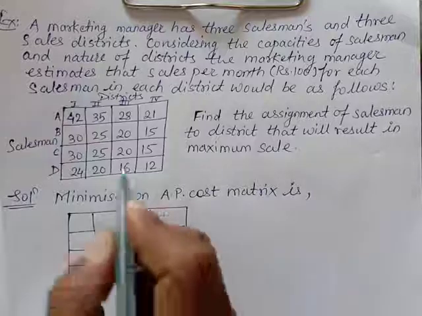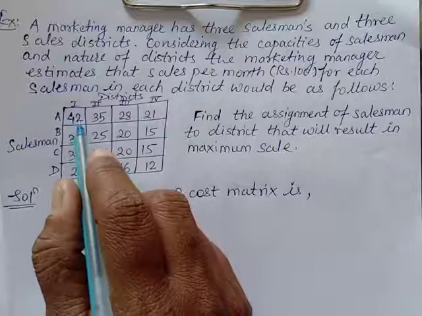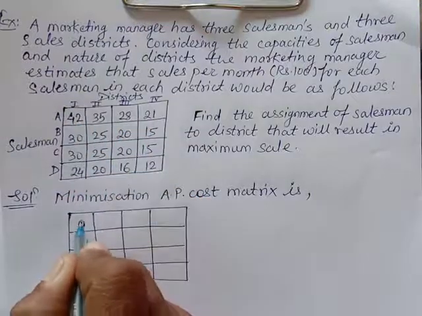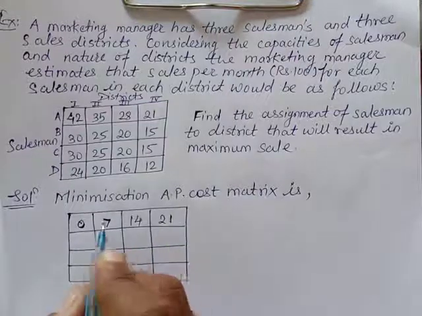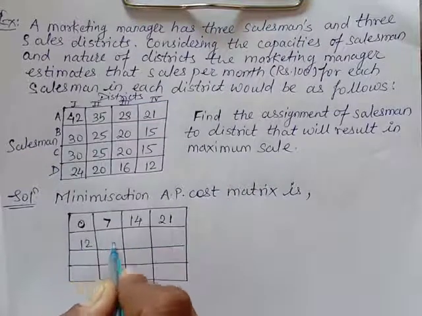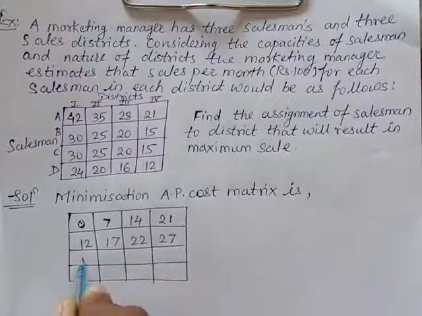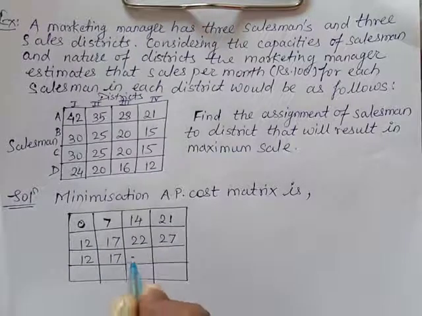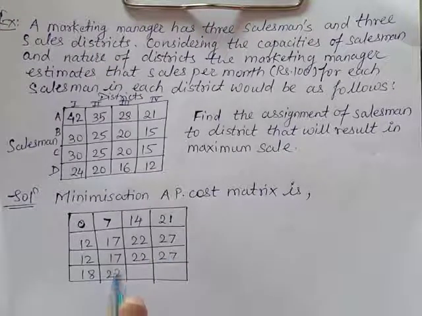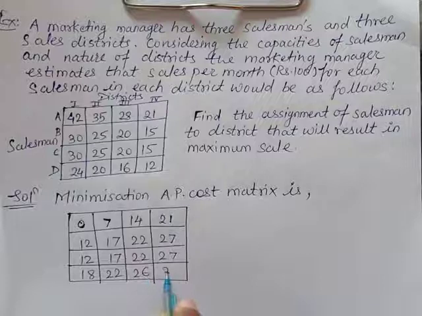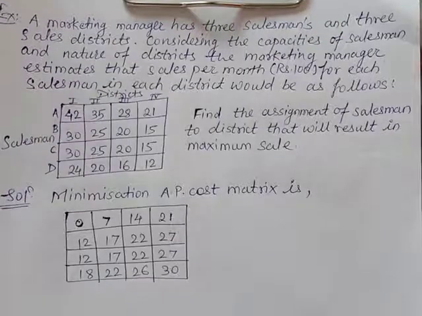The highest cost here is 42, so we will subtract each element from 42. So here it is 0, 7, 14, 21. Here we get 12, 17, 22, 27. Then again 12, 17, 22, 27. Here 18, 22, 26 and 30. This is our minimization type of cost matrix.